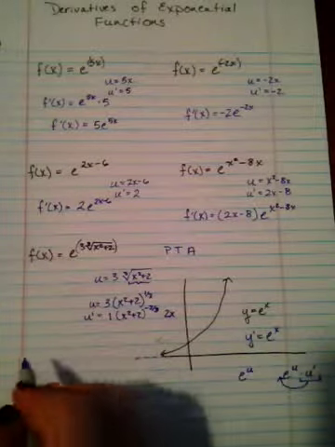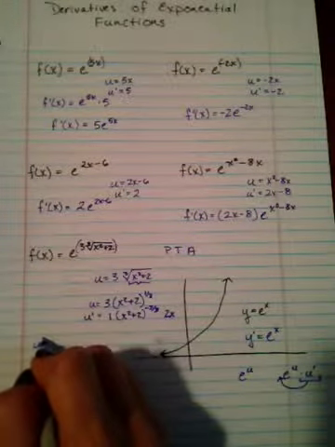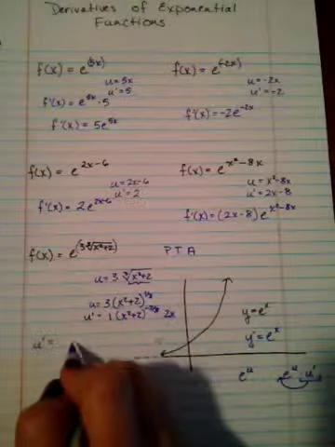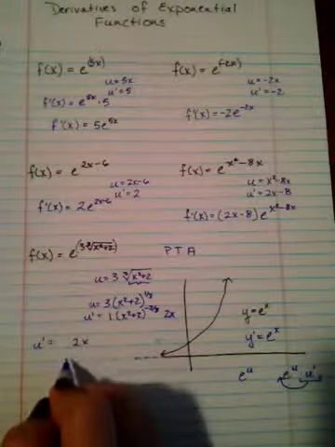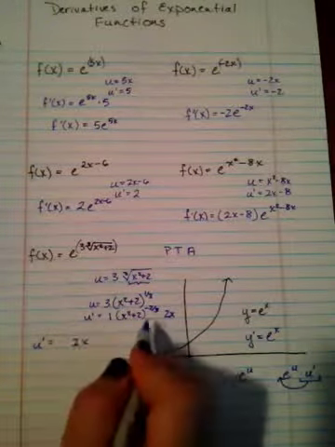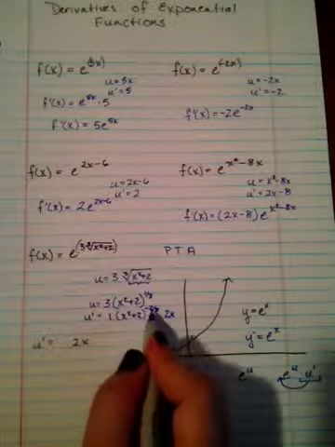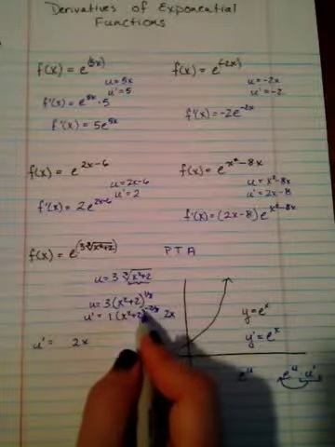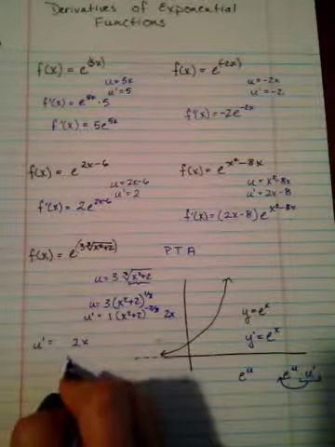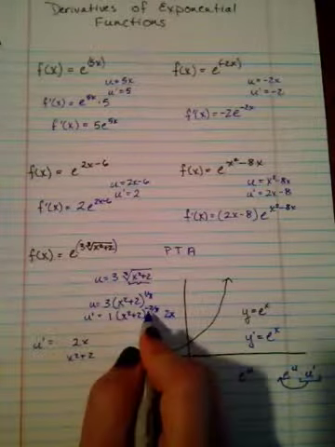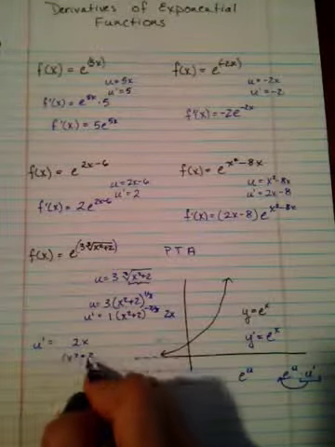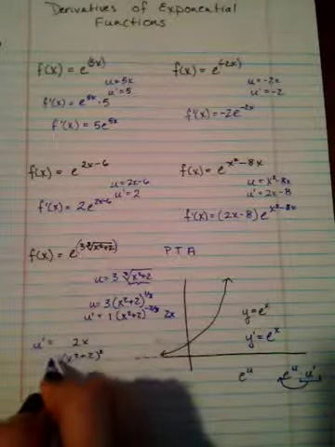So if I rewrite my u prime, I have a 2x in the numerator. The 1 is also in the numerator, but it's not affecting anything. The x squared plus 2 is in the denominator because of my negative exponent. It's to the second power, and I'm taking the cube root.